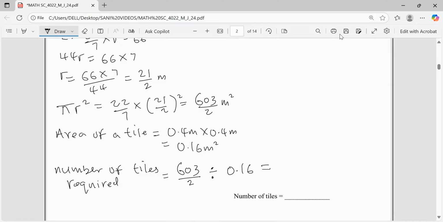So this gives us 2165.625. So approximately we have 2166 tiles. That's the number of tiles.